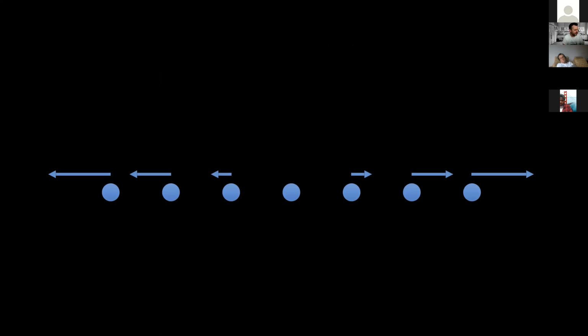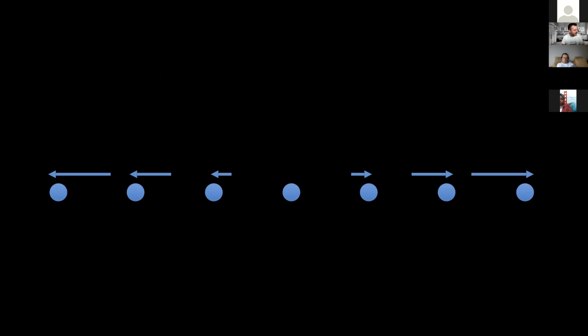This is the picture that you would have in the Big Bang picture. The Big Bang picture says that space is expanding, so the space between objects is expanding. As space expands, things nearby move slowly with respect to you, but things further away move faster and faster and faster.